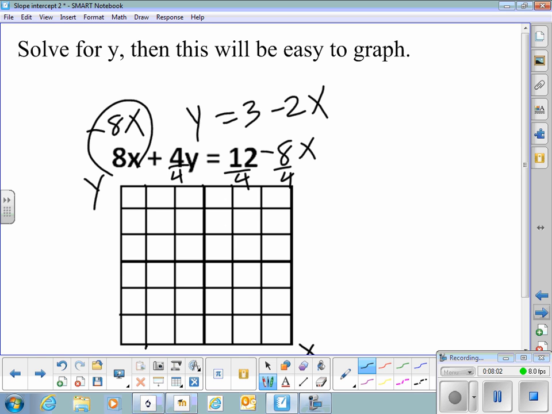Each square is 1. Then we would start at 3 and go down 2 over 1. Straight line tool. Great.